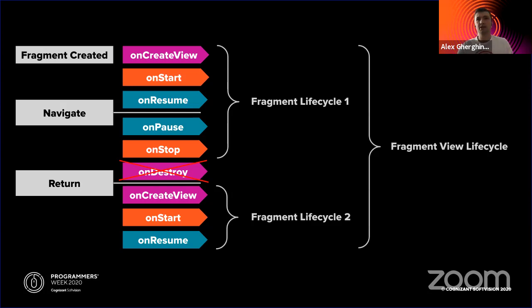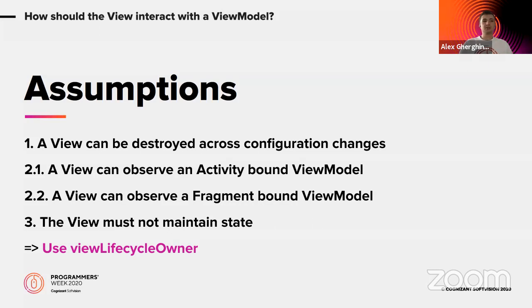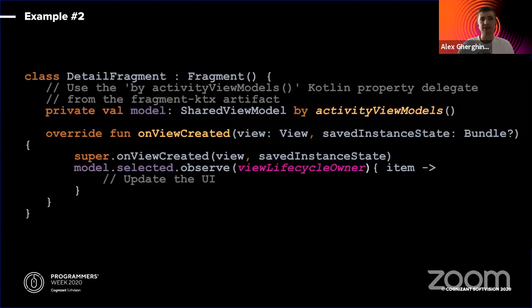Fortunately, they made a fix after releasing Jetpack navigation, and they introduced a concept called the fragment view lifecycle that encompasses all of these smaller fragment lifecycles. So it starts when the fragment is first created and instantiated, and ends when it is finally destroyed. So in this case, there's a very simple change we need to do in order for it to work correctly and for us to be in sync. We can just replace the fragment owner with the view lifecycle owner, and we're done.